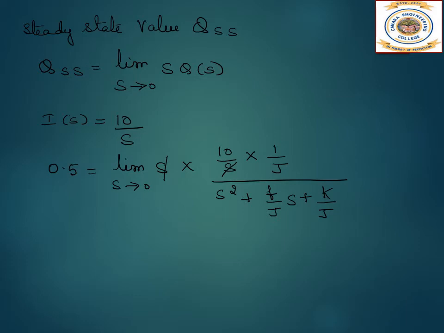So we get 0.5 equal to 1/J into 10 divided by K/J, and cancel out J as well. So K is equal to 20. So we got the answer for K. Now let us proceed and find the answer for the other two unknowns.